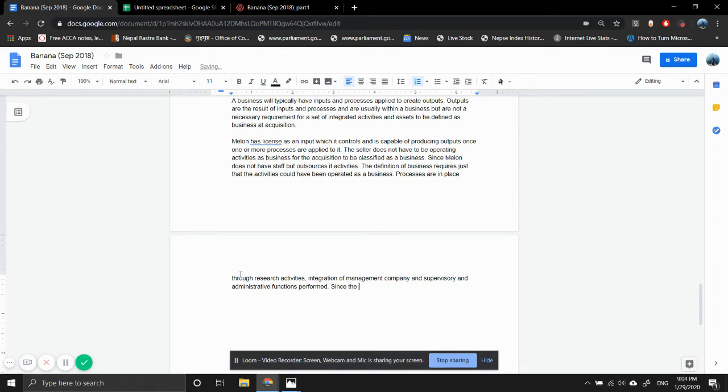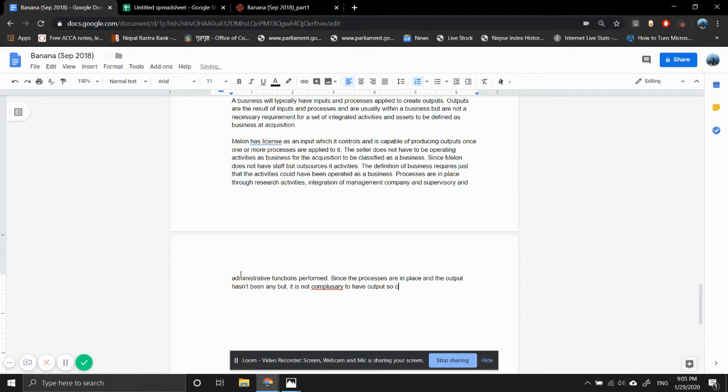Since the processes are in place and the outputs have not been any, but it is not compulsory to have an output, so it meets.